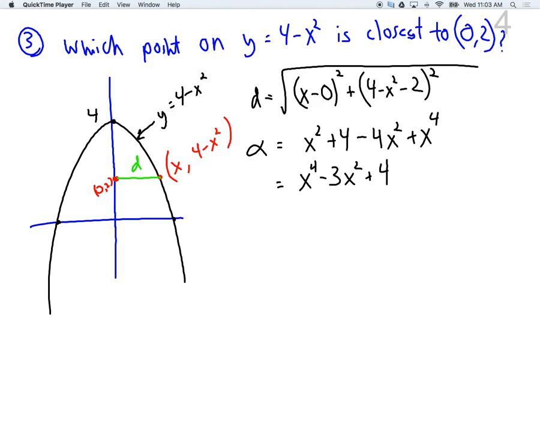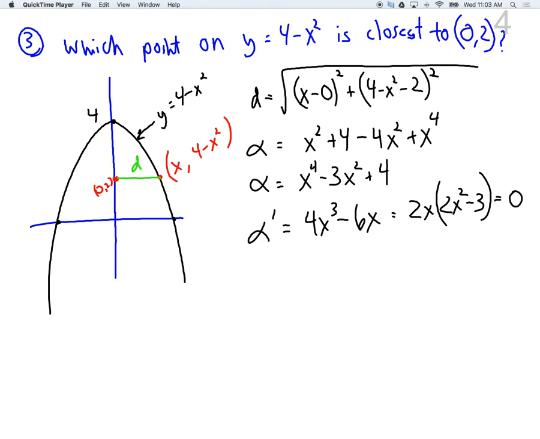And again, we're going to minimize this. I don't care about raising it to the 1/2 power, because if you minimize a function with a radical, you can just minimize the radicand and we're good to go. Now we need alpha prime, which is 2x times the quantity 2x squared minus 3.